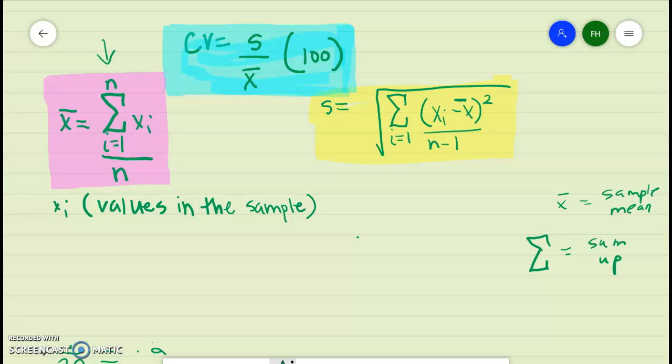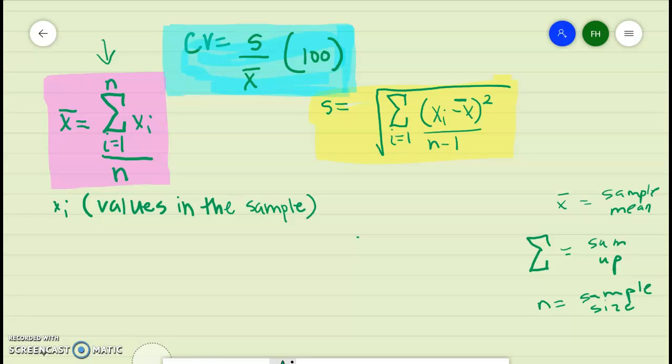So we're going to sum up our values, and xi always means all of our values in our sample, and we're going to divide it by n, which is always going to be your sample size, however many you have in your sample.